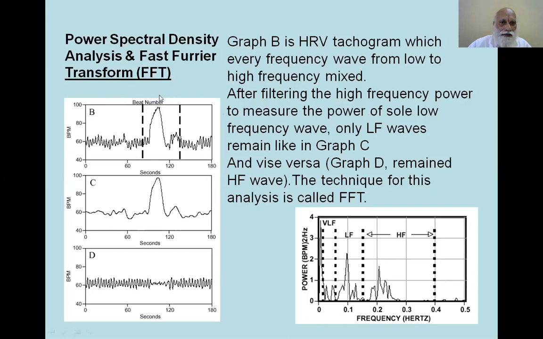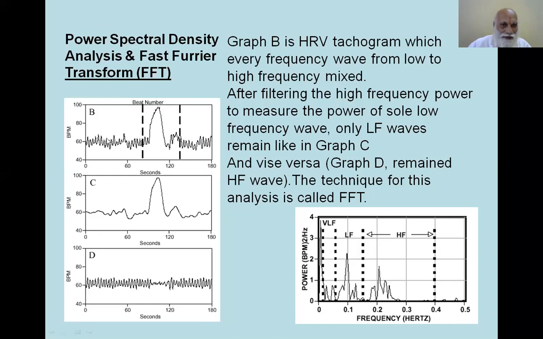Now, if you look at this graph recording, you can see this is one frequency, and each one has a different frequency here, and then this is another frequency, altogether different, and you can see another frequency here. Each wave will tell you a frequency.